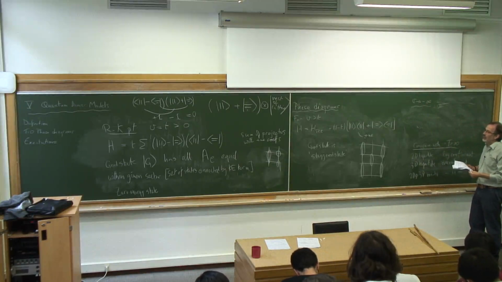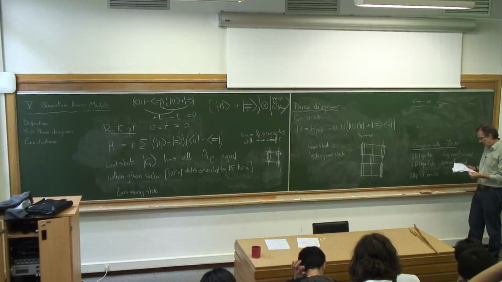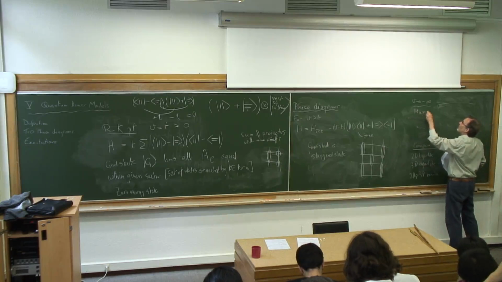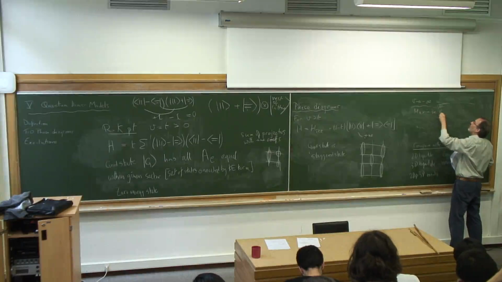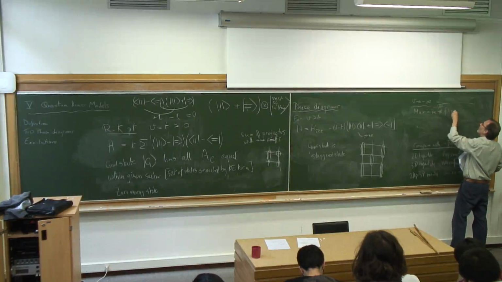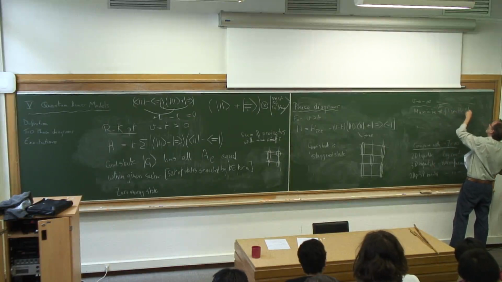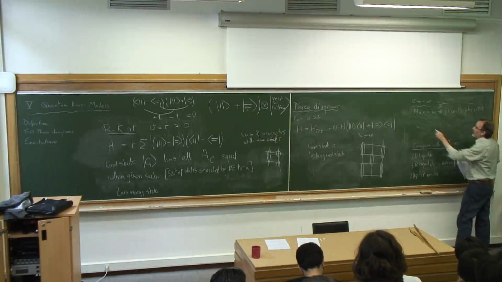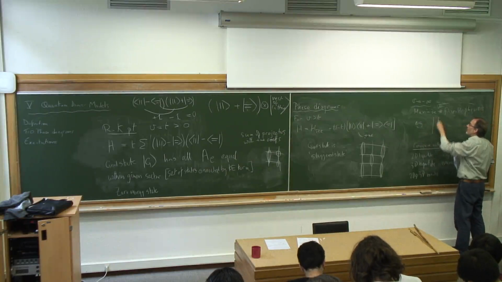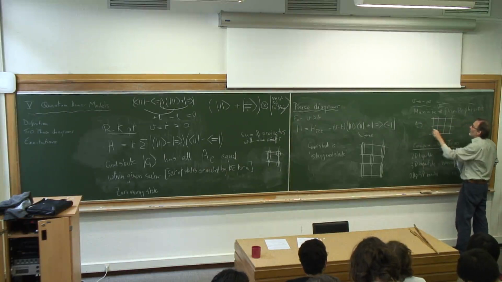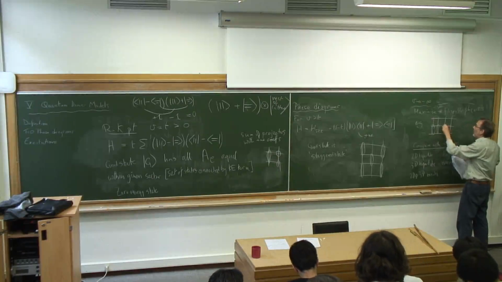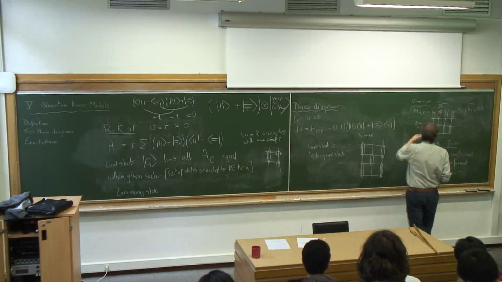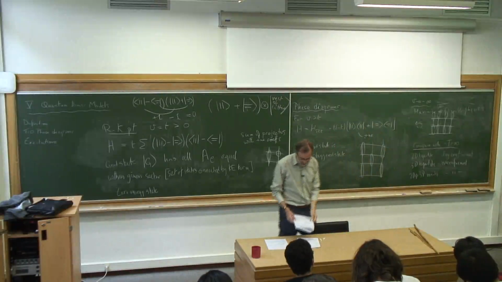Then what you want to do is maximize the number of flippable plaquettes, which you can do by arranging a state like this, where you have lines of parallel dimers.